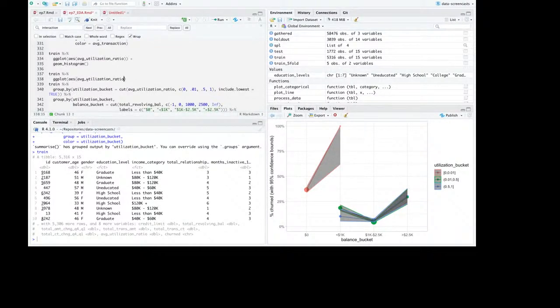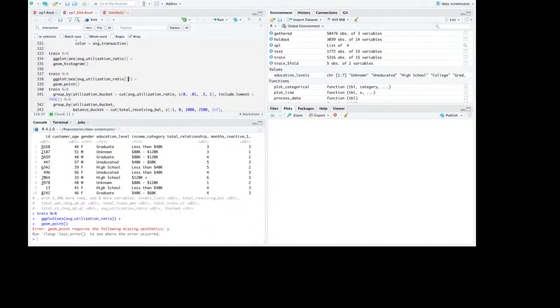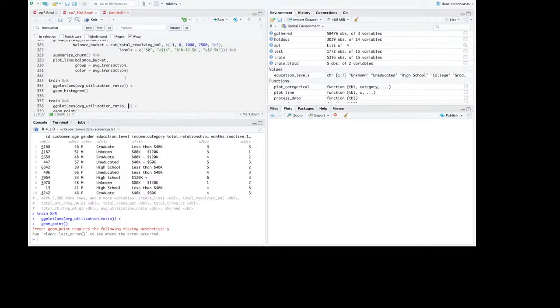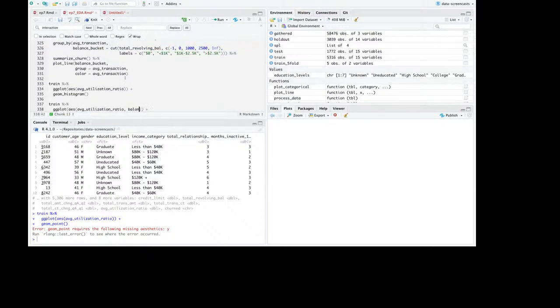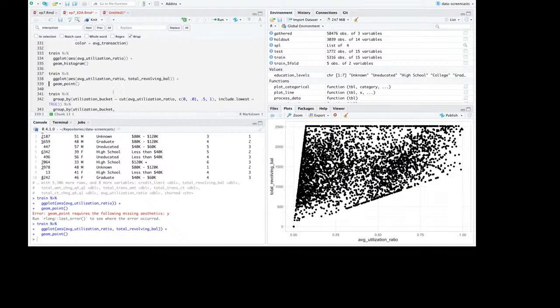Average utilization. I think there's actually a relationship between these two, where we can say average utilization ratio and total revolving balance are clearly related. Yeah, look at that. They're cleanly like this.